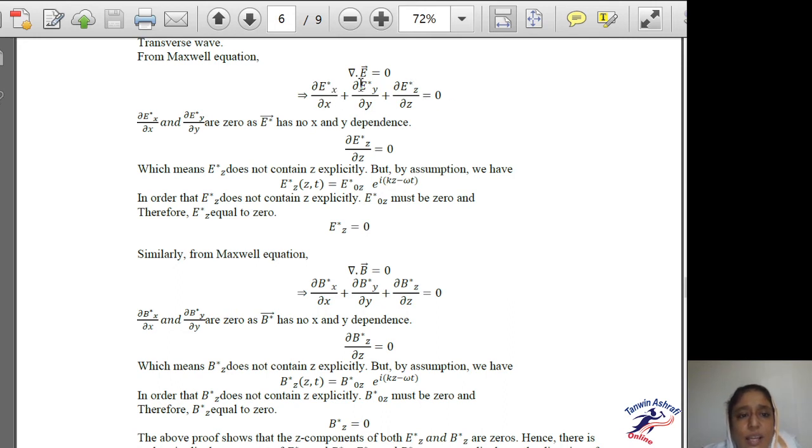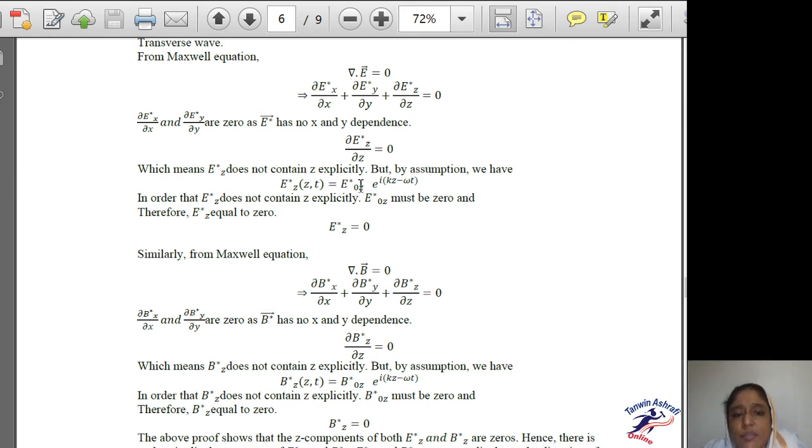That means del by del x of Ex, plus del by del y of Ey, plus del by del z of Ez is equal to 0. Now the Ex and Ey terms are 0, since we have already said that the electric field vector does not have any x or y dependency. This shows that only the term del by del z of Ez is equal to 0, which means Ez does not contain z explicitly.